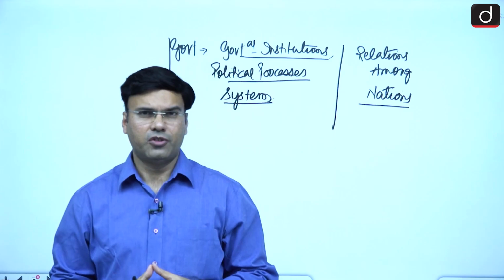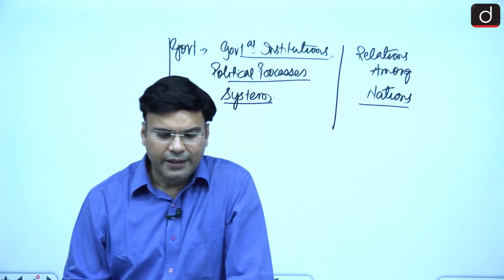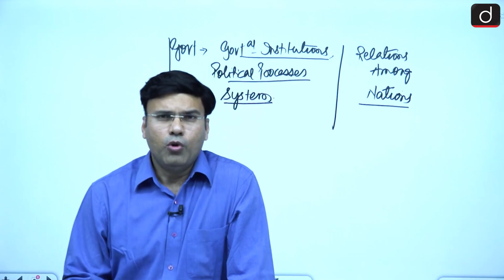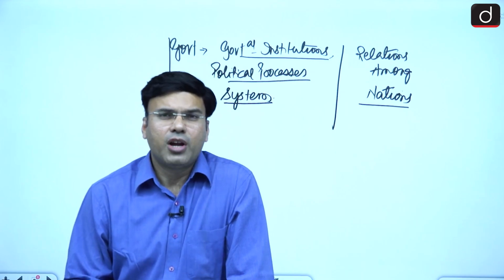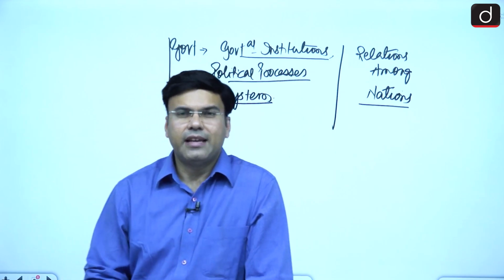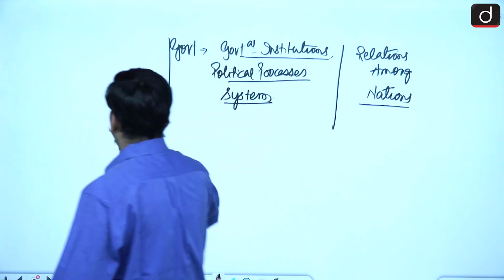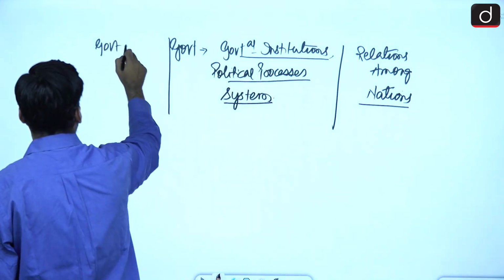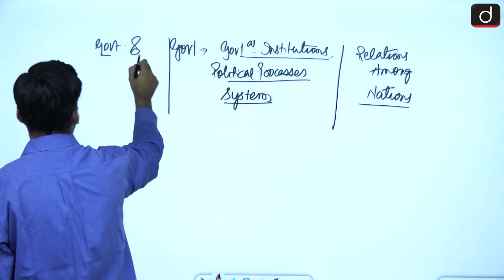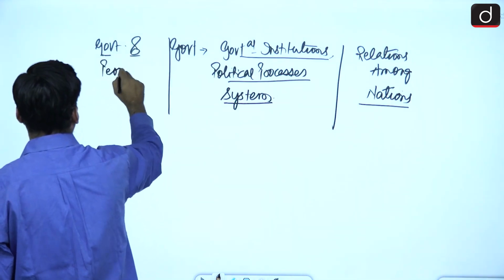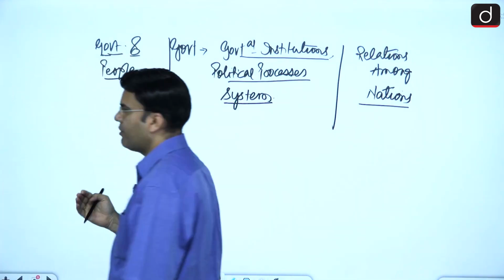So what I'm trying to say is that one more important thing that we always try to read in political science is an inquiry into the relationship between government and people. So how do you establish that relationship?